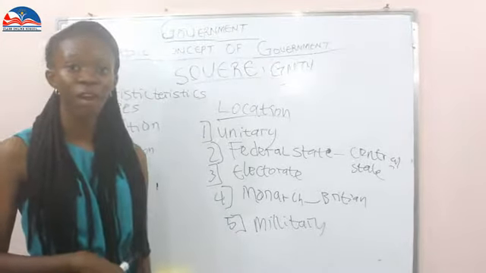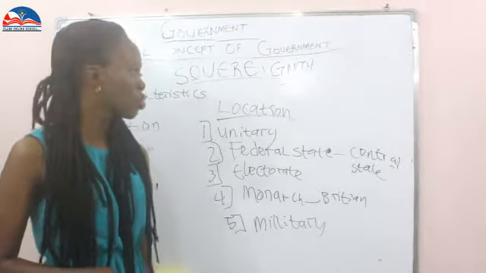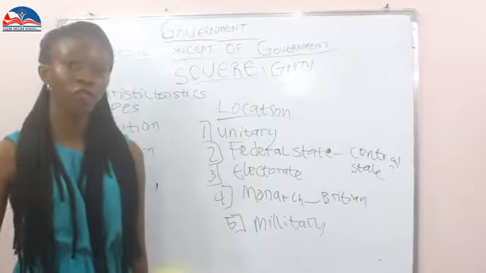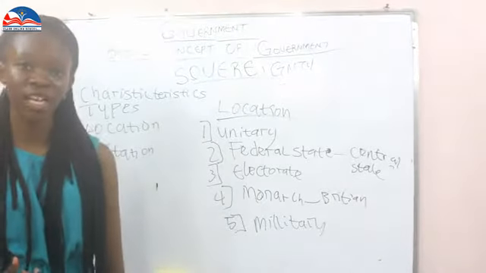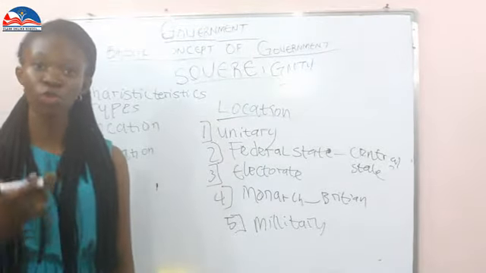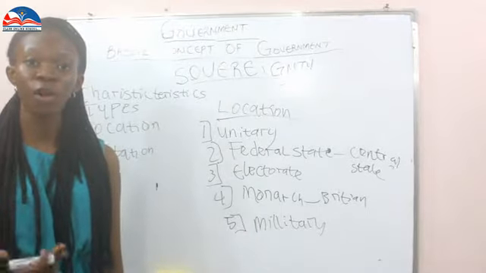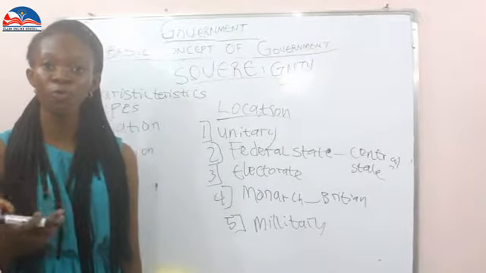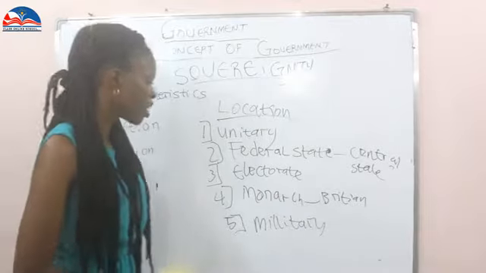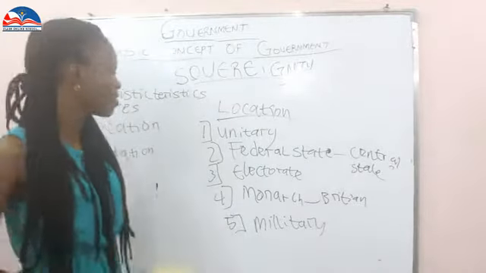So we can say another location of sovereignty is in the electorate. Who are the electorate? Me and you, those who vote. The ones you vote for are called the elites. Then you who vote are the electorate. That point noted, it's going to come up again.